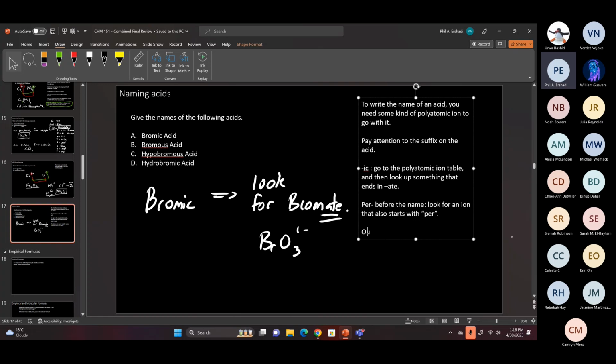And if you see OUS at the end of the name, that's another one that could come up. Means you're going to look for an ion that ends with ite. And if you see hypo before the name, we're going to look for an ion that starts with hypo.